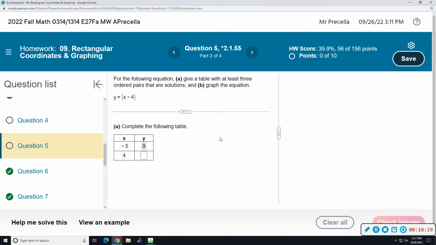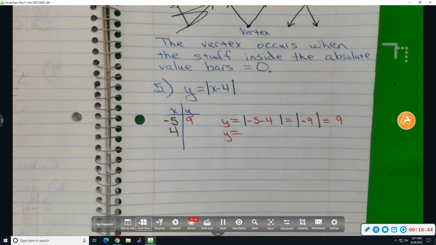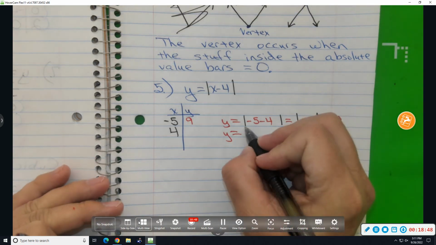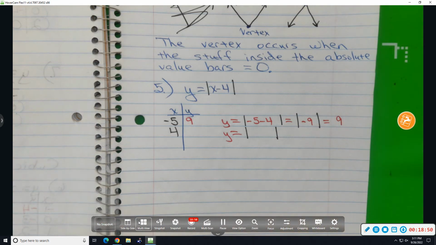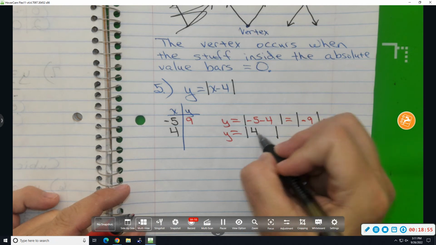The next one, 4. They want us to plug in 4 for x. That'll give us y equals the absolute value of 4 minus 4, which is 0.